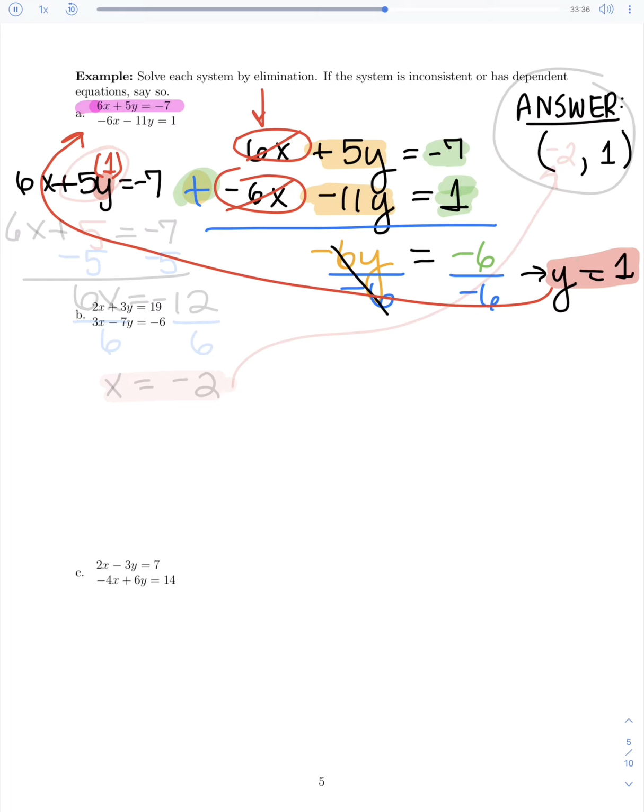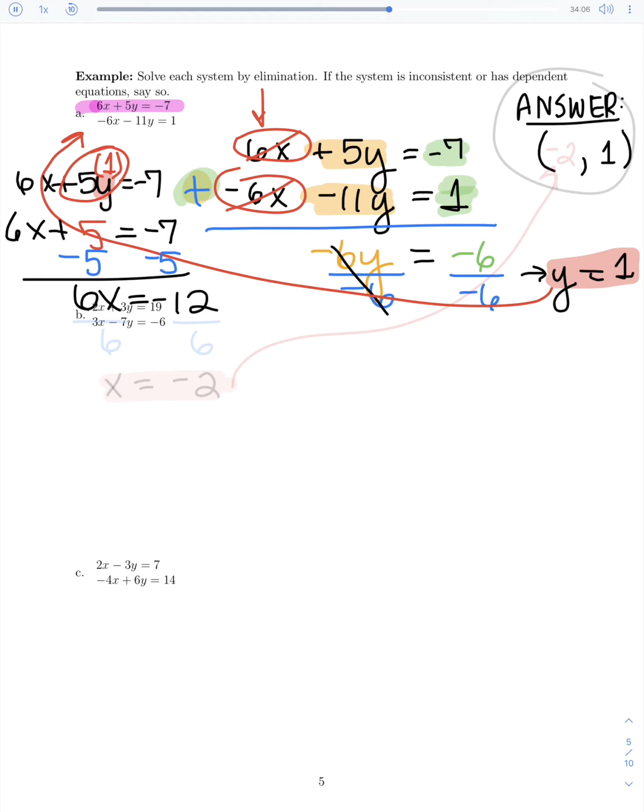So what that then gives us is 6x plus, well, then the 5 times 1 is just 5, equals our -7. Keep solving it like you would a normal equation. So we'd subtract the 5 from both sides, which would give us that 6x equals -12.